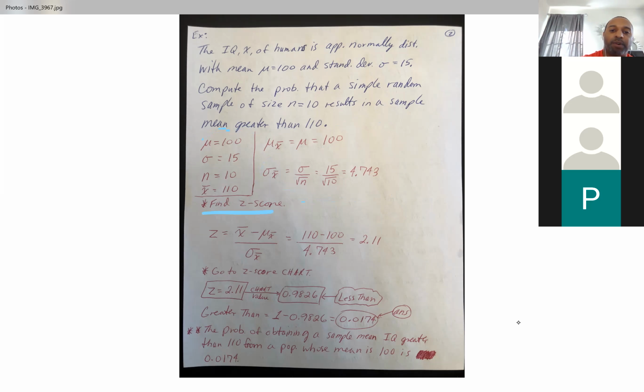So notice the next step is to find your z-score. The way we do it is with this relationship right here. So that takes us to 110 minus 100 divided by 4.743, and that gives us 2.11.